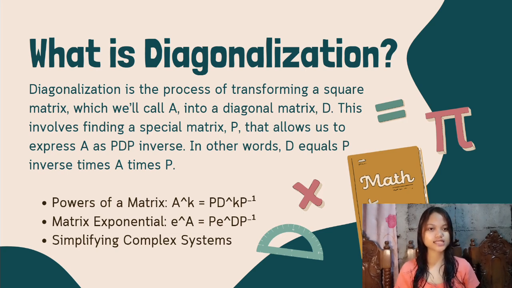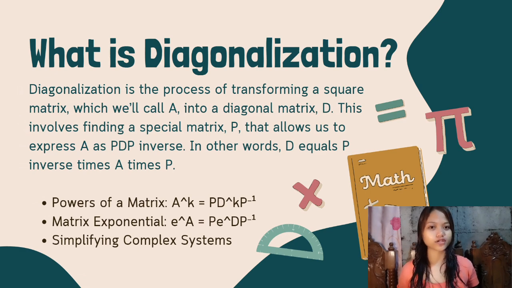In other words, D equals P inverse times A times P. Number 1, powers of a matrix: A to the power of K equals P D to the power of K P to the power of -1. Number 2, matrix exponential: e to the power of A equals P e to the power of D P to the power of -1. And number 3, simplifying complex systems.